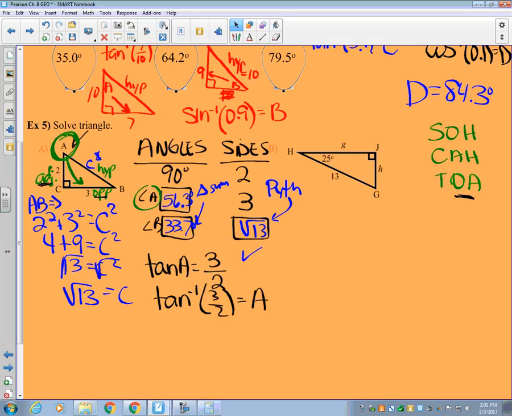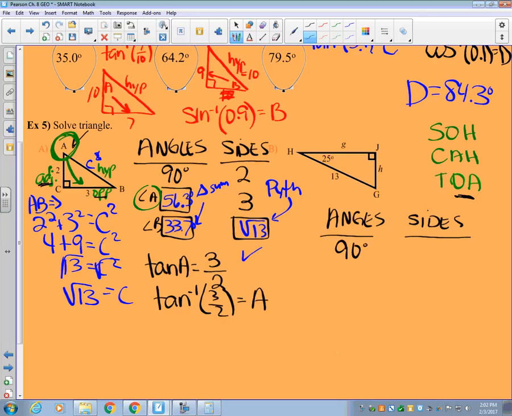Okay, so let's look at problem B. We're going to make the same list that we had before, our angles and our sides. In this case, I have two of my angles: that 90-degree angle and a 25-degree angle.